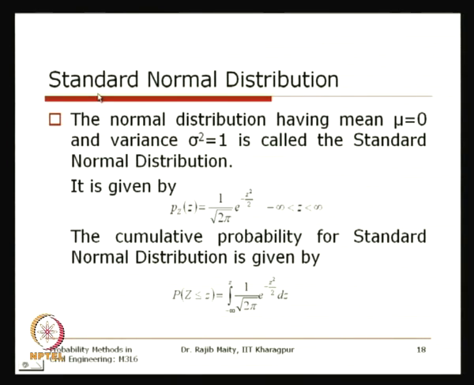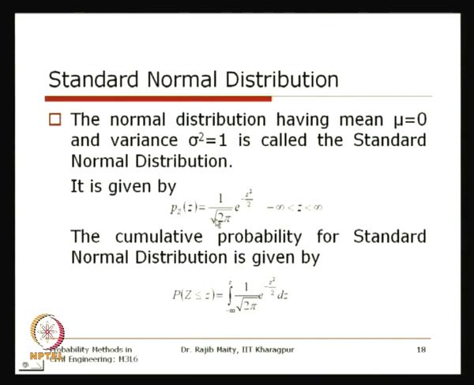Now another distribution which is derived from the normal distribution is known as the standard normal distribution. When a normal distribution has its mean mu equal to 0 and variance sigma square equal to 1, then this particular normal distribution with these specific parameter values is known as the standard normal distribution.